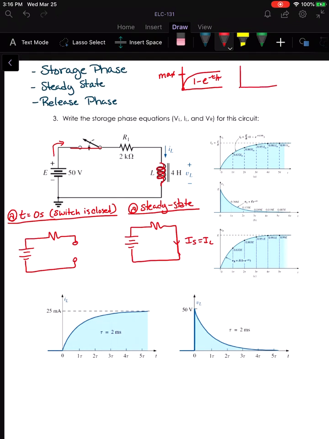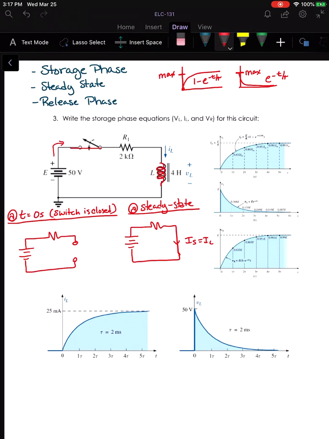And when we have a property that starts at its maximum and drops down very quickly to 0, the equation for that is e to the minus x, or again, e to the minus t over tau. The same thing will apply to our inductor.